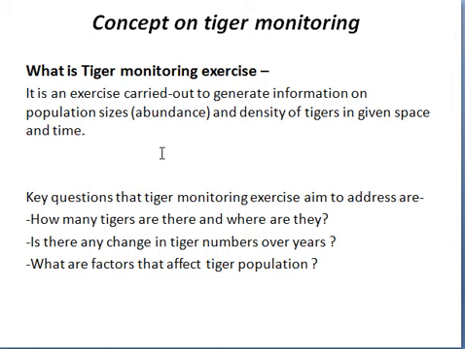Furthermore, some key questions that a tiger monitoring exercise aims to address: we generally go for tiger monitoring to know how many tigers there are and where they are. Second, is there any change in tiger numbers over the years? And third, what are the factors that affect the tiger population?